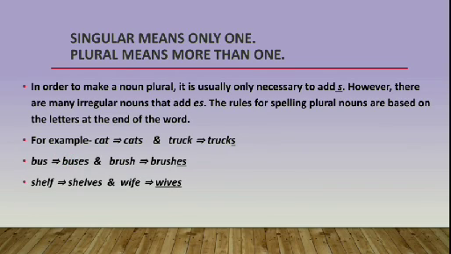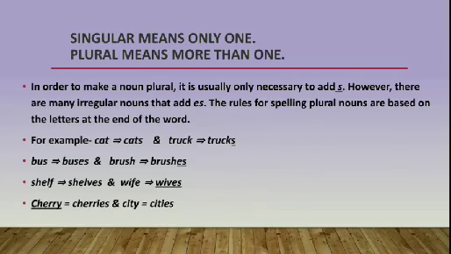Another example is shelf or wife. In this case, the last letter is F, or FE. The last letter F or FE is removed, and in that place we add VES.